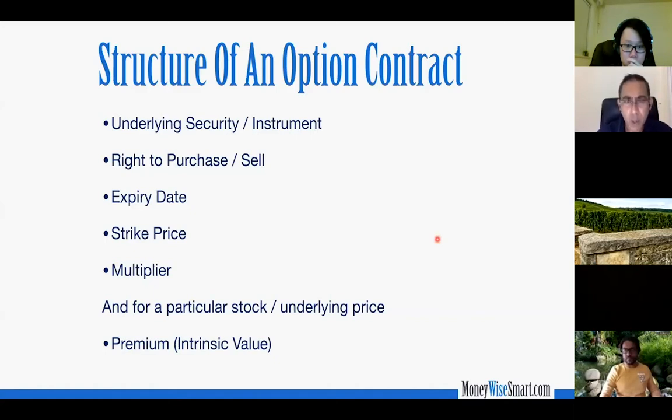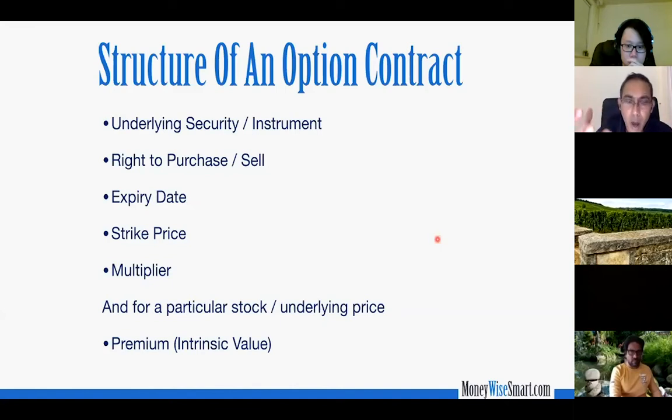Majority of the stock options which we look at, the ones listed in the US, have a multiplier of 100, but there's no hard and fast rule. Options listed in other markets can have a different multiplier. And for a particular underlying price, an option comes with a premium. Just like to buy an insurance policy, you need to pay a premium.